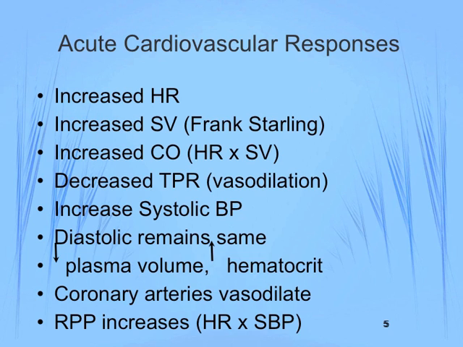As a result of our heart rate and our blood pressure increasing, our rate pressure product, which is the indicator of oxygen demand of our heart muscle, would increase, because the heart demands more oxygen as the heart rate and the systolic blood pressure increase.